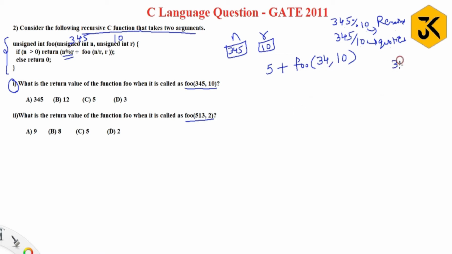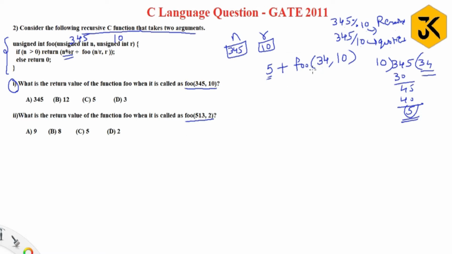If you want more clarity I will write: 10 3s are 30, you will get 45, 10 4s are 40, you will get 5 only. So this is the remainder and this is the quotient. For the first I got the remainder and here I got the quotient, based upon the question.